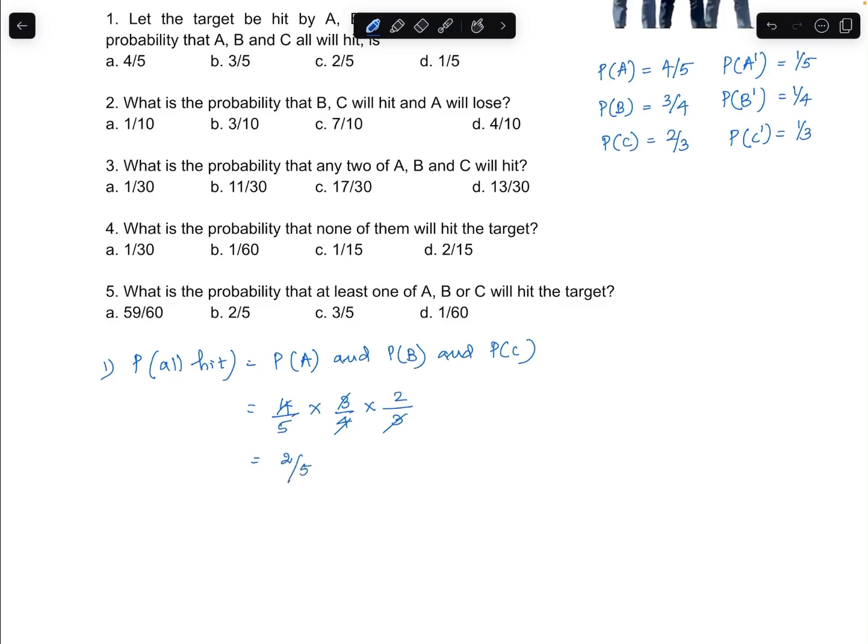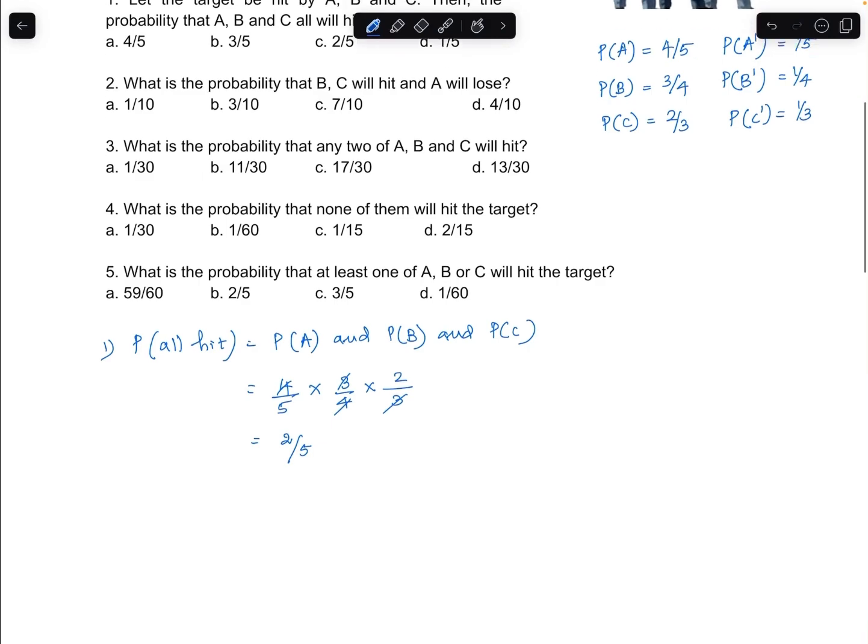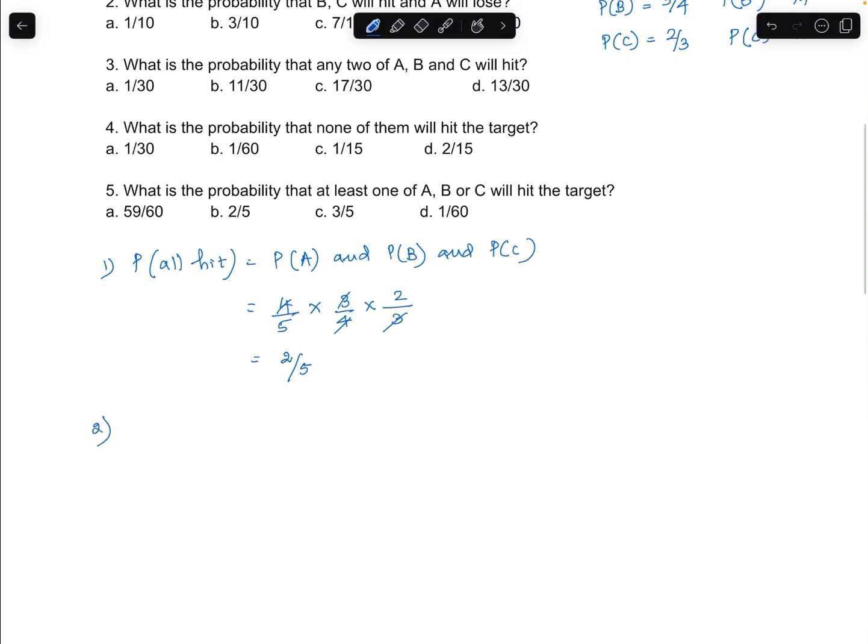Question number 2. What is the probability that B, C will hit and A will lose? P of B and C hit and A lose is equal to P of B and P of C and P of A dash.